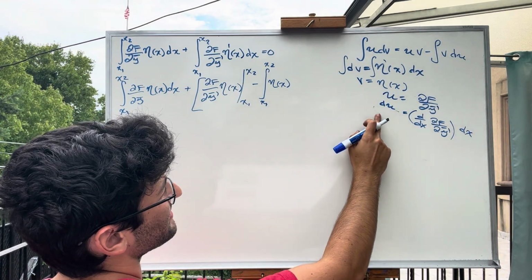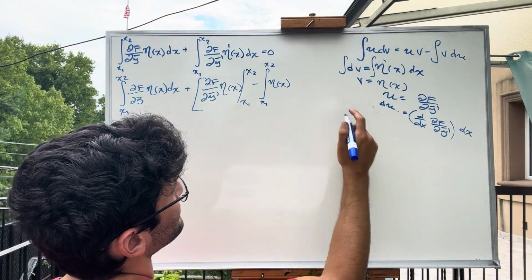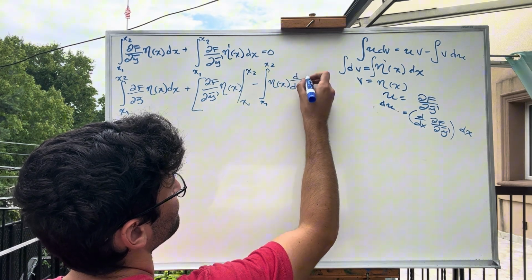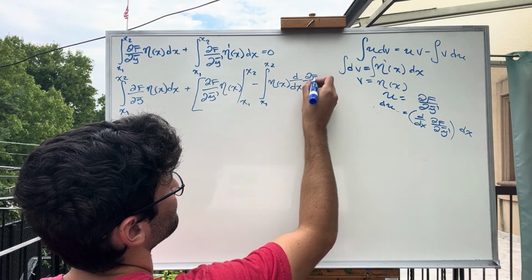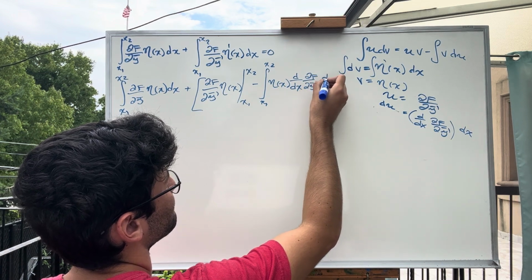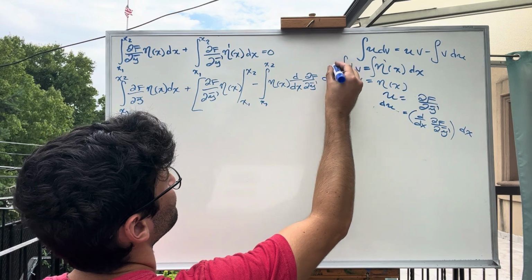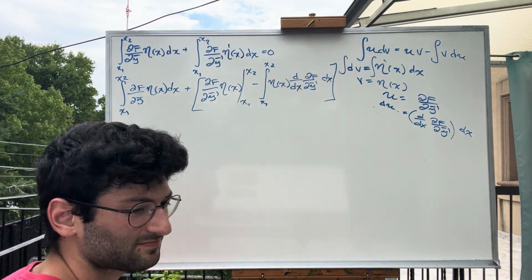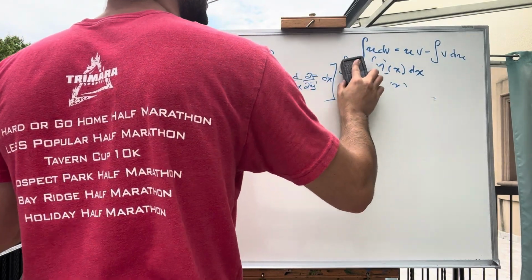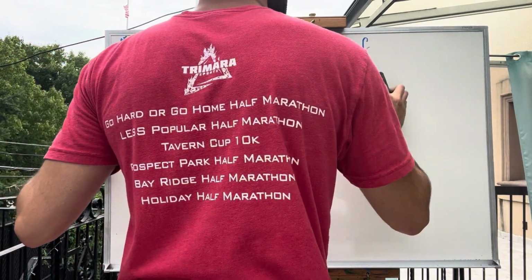And du was given by this. Set all this equal to 0.